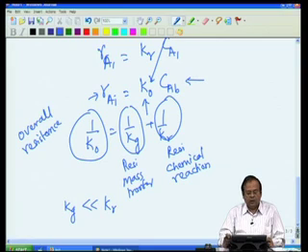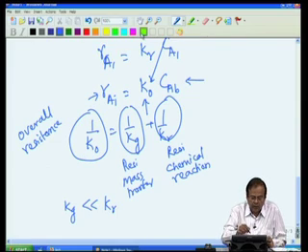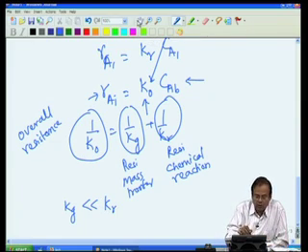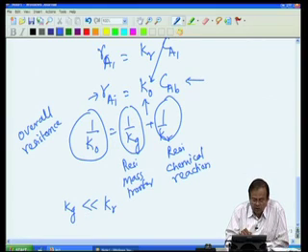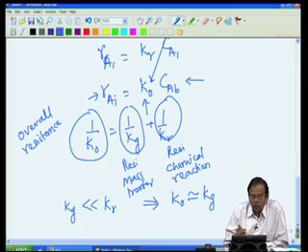So, let us say that our mass transfer coefficient is very much smaller than the reaction rate constant. So, for this particular situation, what will we get? 1 over Kg will be very much large compared to 1 over Kr, to the extent that we can neglect 1 over Kr, and this would imply K naught is almost equal to Kg. This is when mass transfer resistance is large.